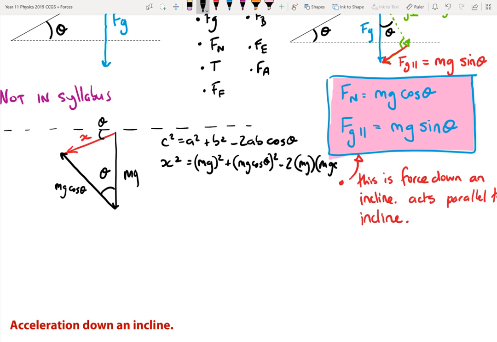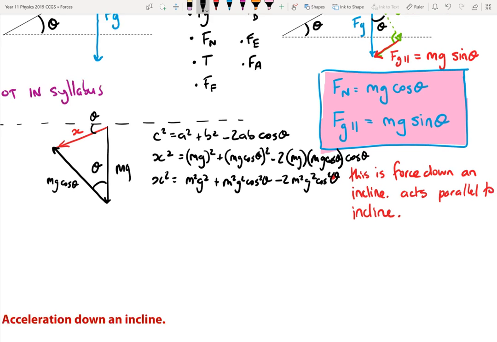B is mg cos theta. Cos theta. Let's tidy this up. That's m squared g squared plus m squared g squared cos squared theta minus 2 m squared g squared cos squared theta. That's equal to x squared.